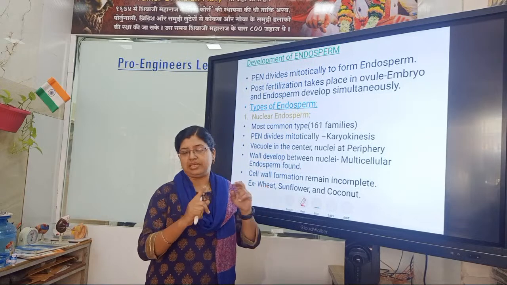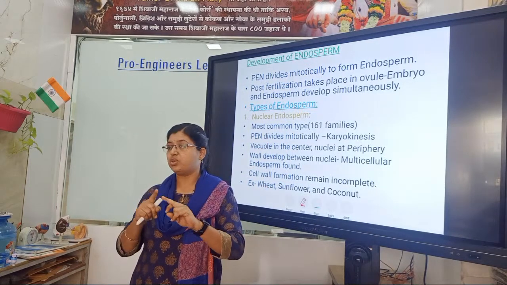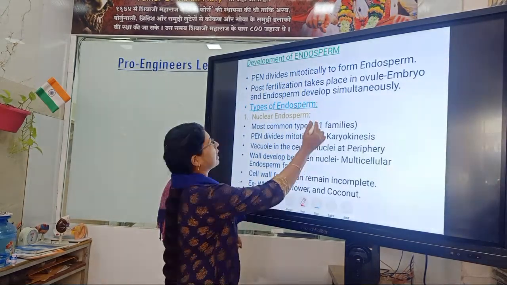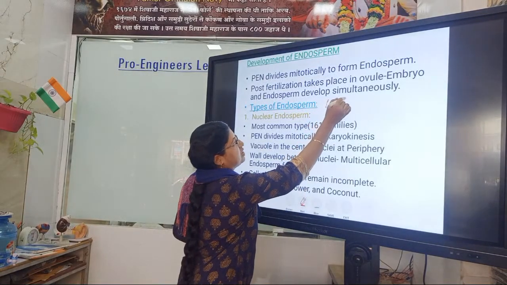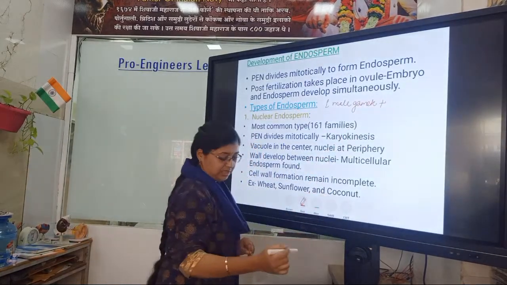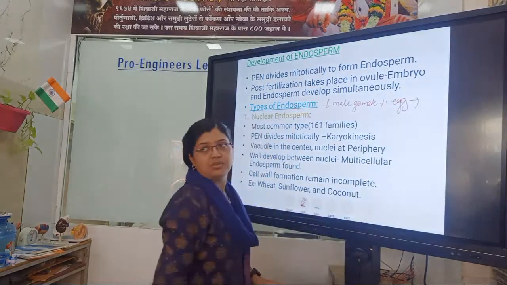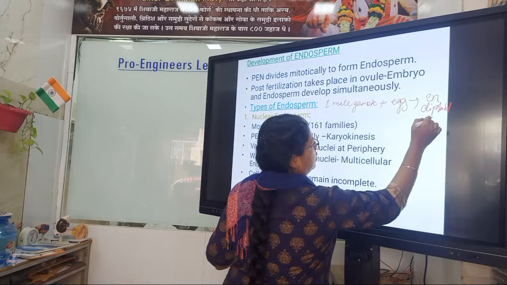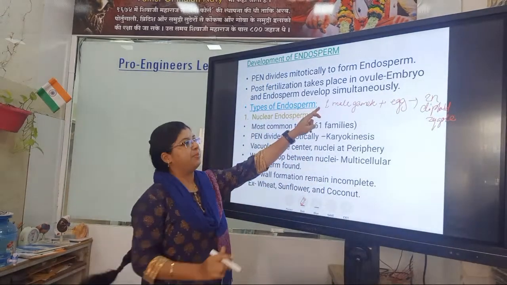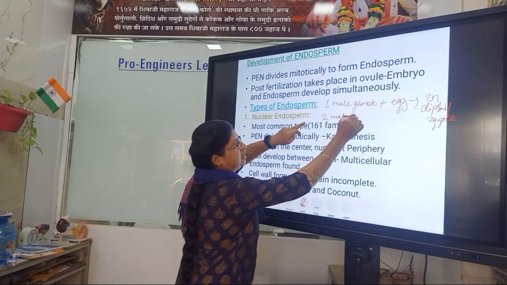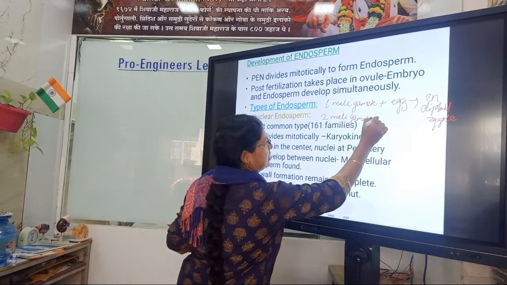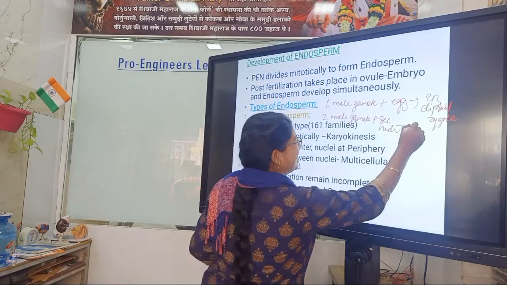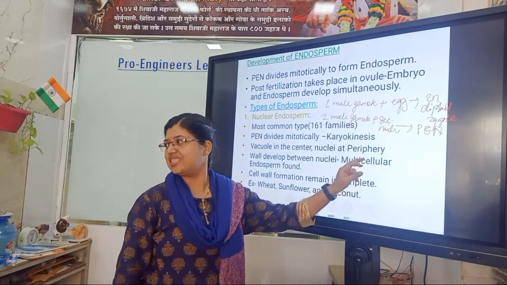We have seen the two male gametes: the one that fuses with the egg, the first male gamete, forms a zygote, which is in diploid condition. The second male gamete fuses with the secondary nucleus and forms the triploid PEN, that is endosperm.